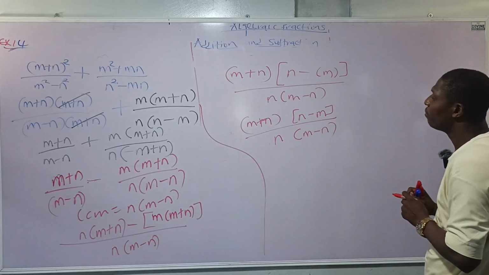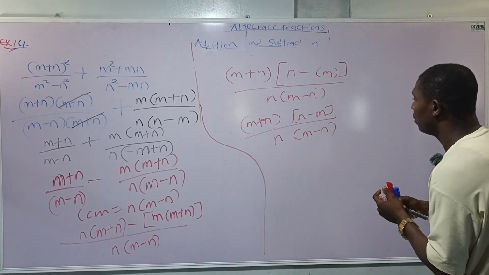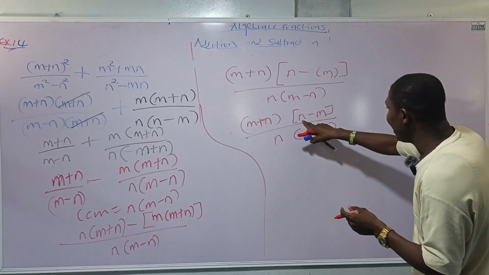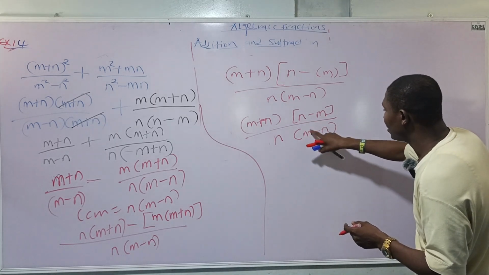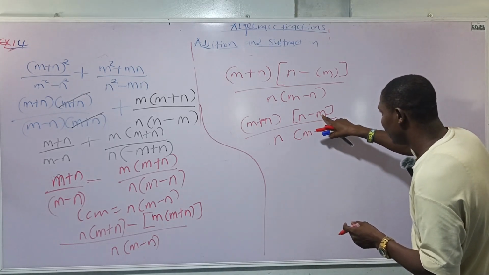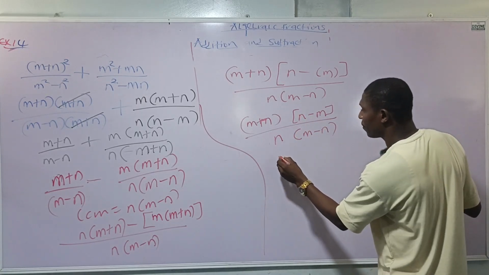Now the next thing I have to do is to check if something can cancel out. Here this n is positive, this is negative. Here this is positive, my m is positive, m is negative. So I will rearrange this to give me m.